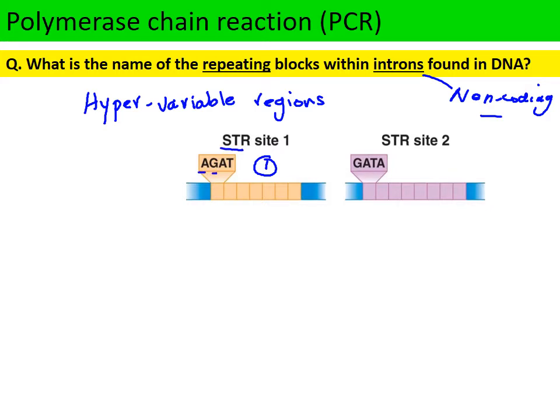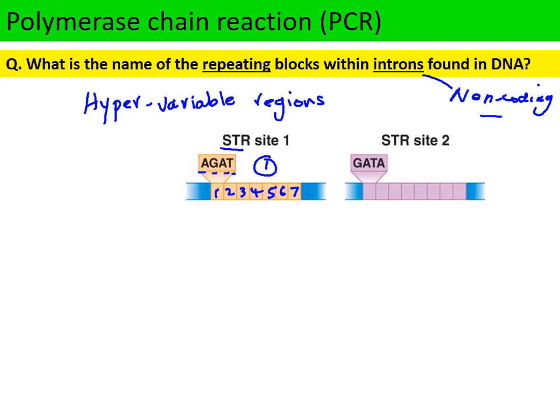So this one is AGAT. And we can see here this AGAT, the short tandem repeat, is repeated 7 times. So in this DNA from this person, in hypervariable region 1, there's an STR or short tandem repeat of AGAT, and it's repeated 7 times.